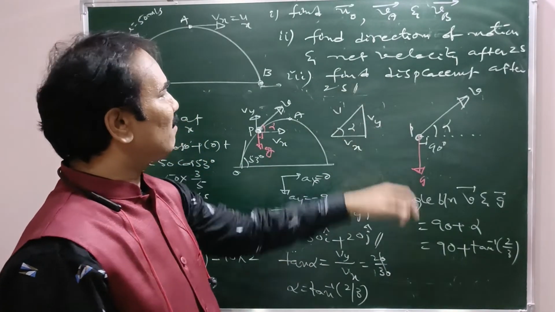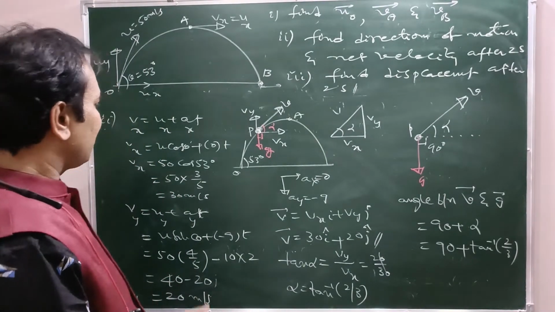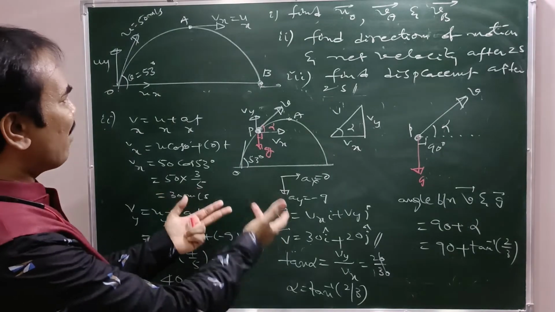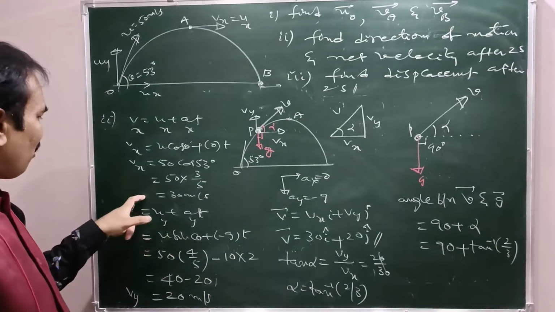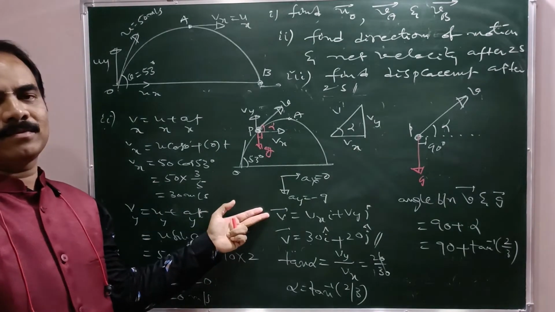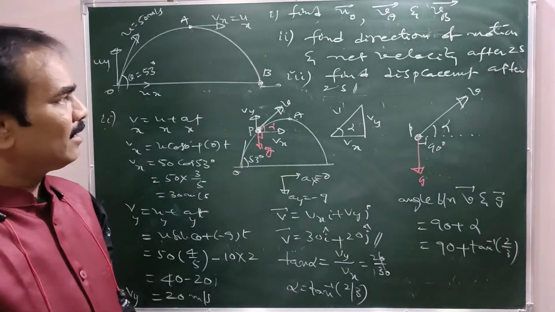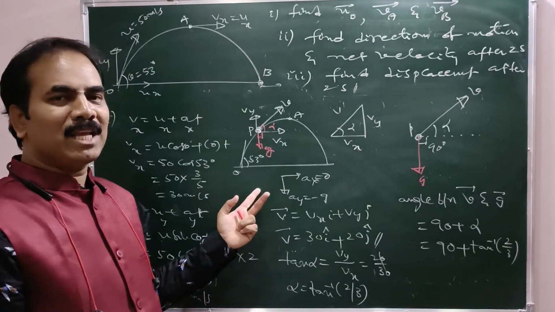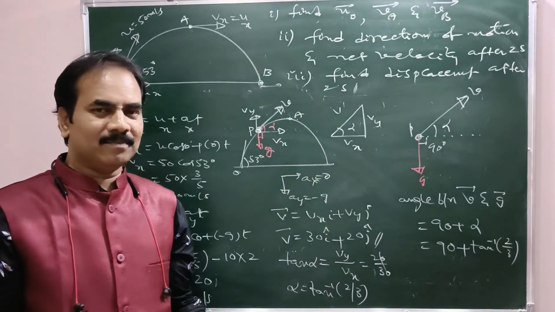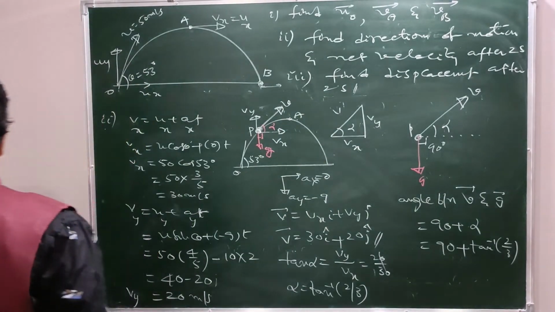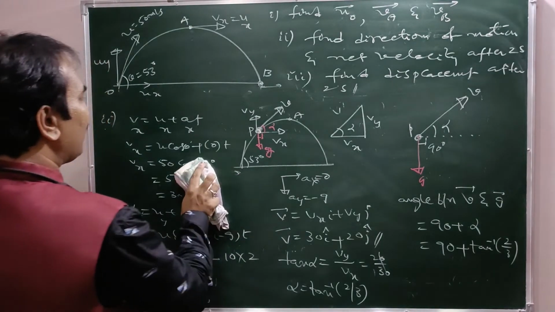Now find displacement after 2 seconds. As it is a 2-dimensional motion, you have to find velocity along horizontal as well as vertical to find net velocity. In the same way, to get the net displacement, we have to find displacement along horizontal as well as vertical at that given instant, right? So we have to proceed in the same way.